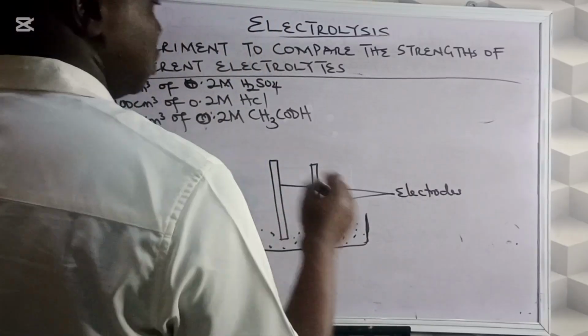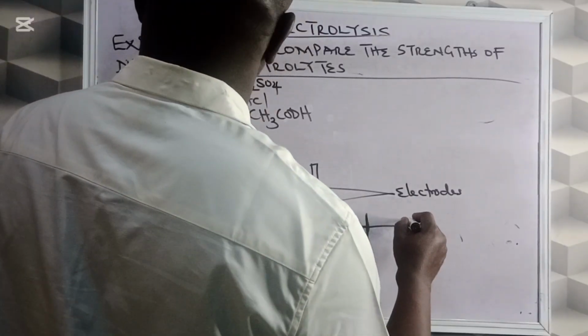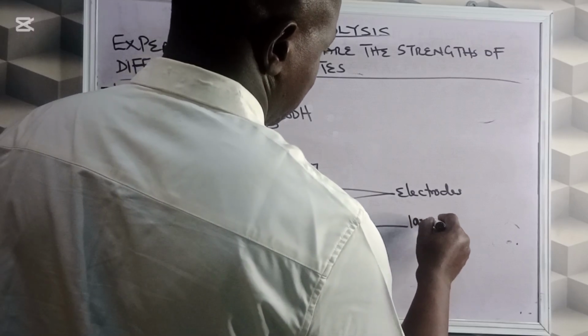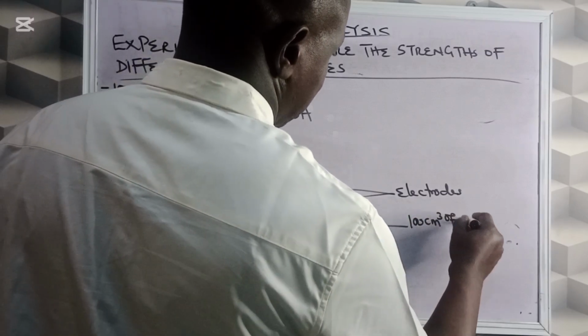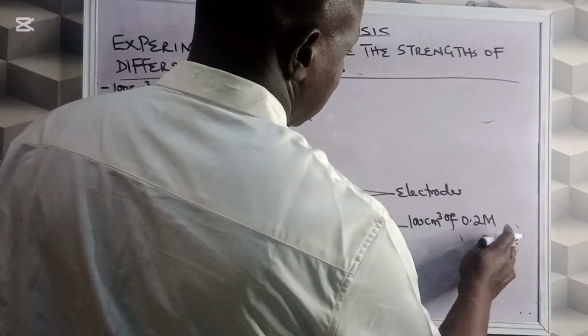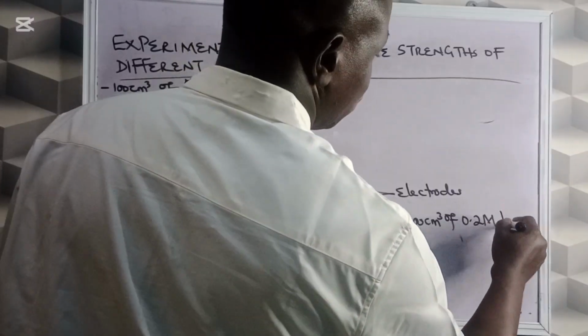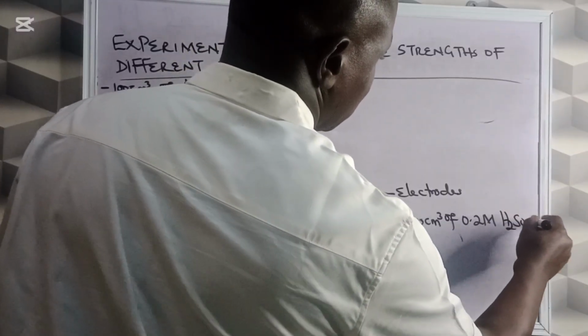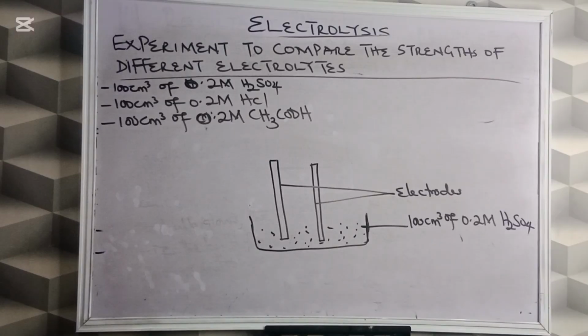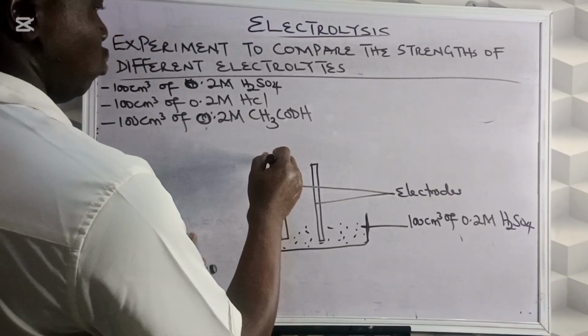Let's use 100 cm³ of 0.2 mol/dm³ H2SO4. We are going to use the electrolytes one after the other. So we are using H2SO4 first. So we do our connection.